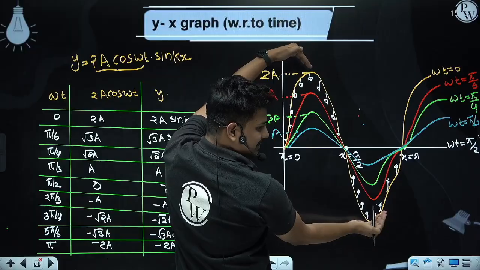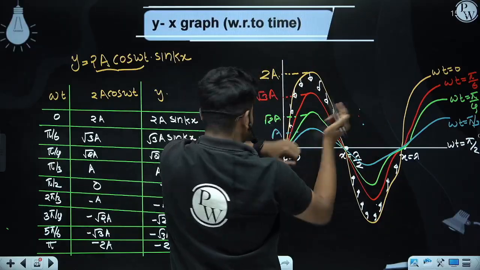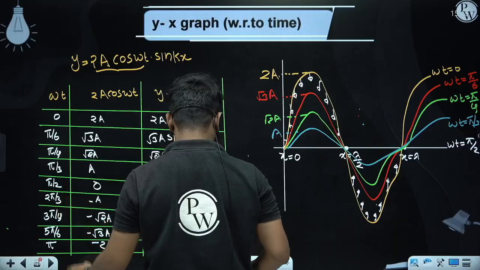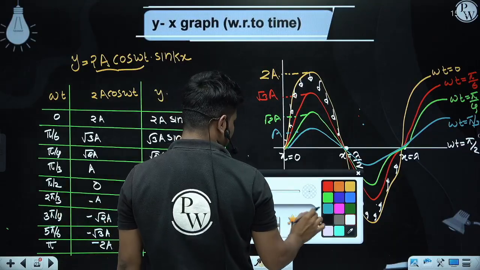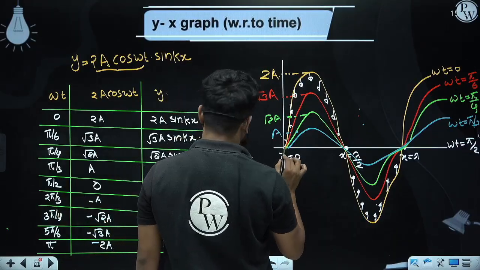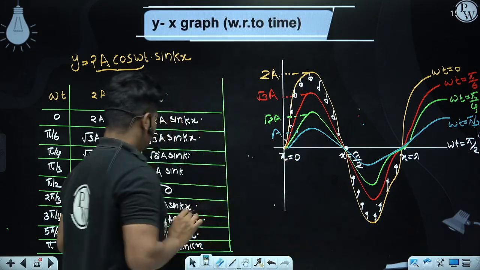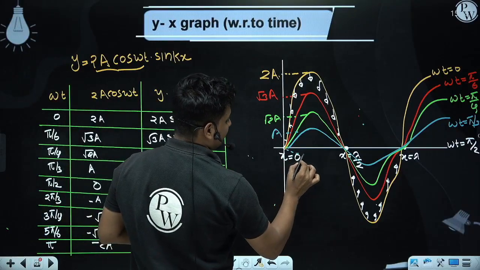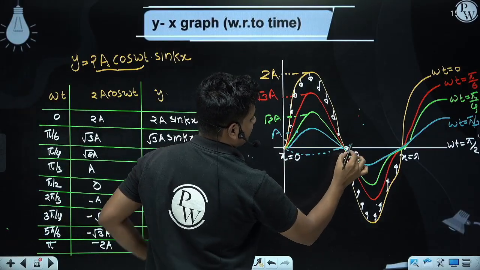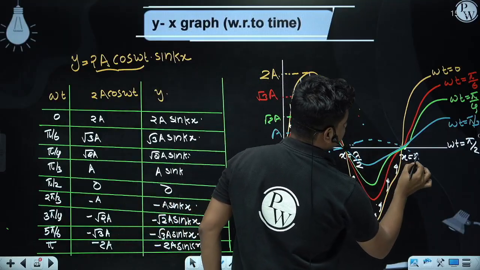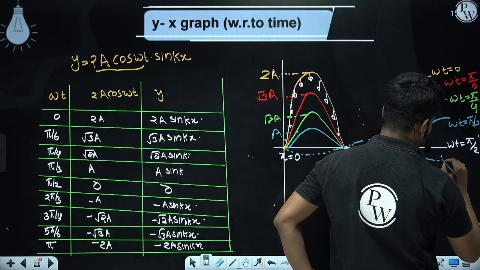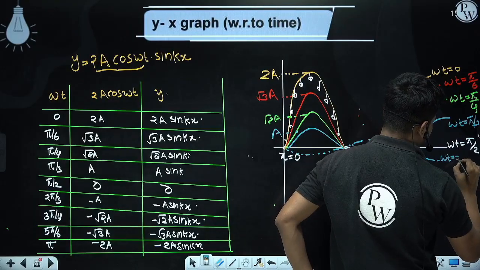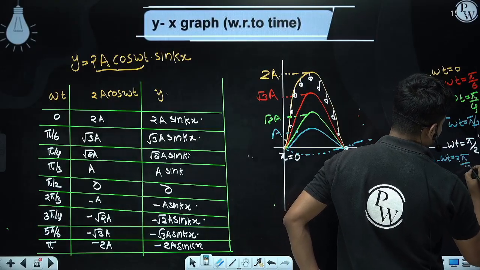So initially like this, then it goes and reaches here. Then we can check what is happening at 2 pi by 3. It is minus a sin kx. So our graph is like that. That means when omega t is equal to 2 pi by 3.